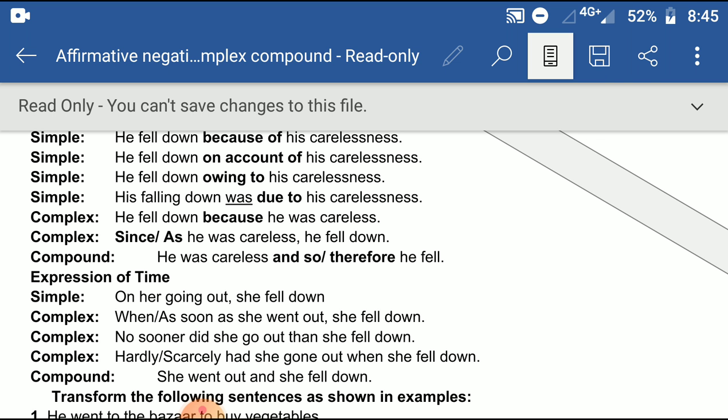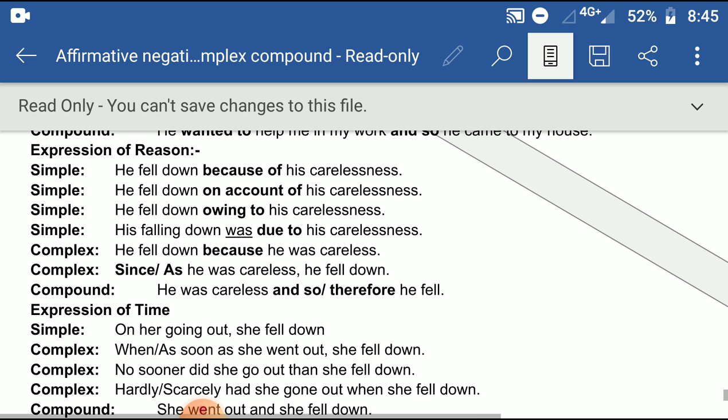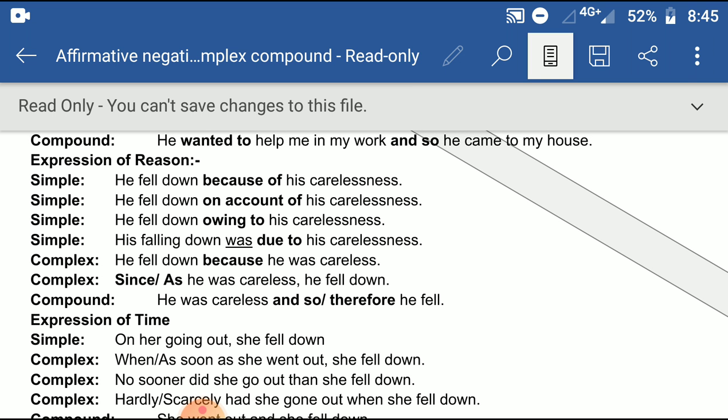Now, as these are the rules that we have to follow for due to, let us take into consideration the basic rule of a simple sentence. In a simple sentence there is only one verb. So if in a given sentence any other verb is given, say for example he fell down, then fell is the verb.